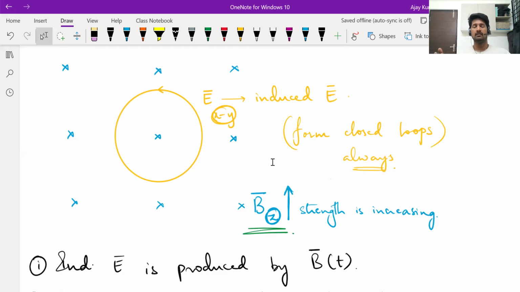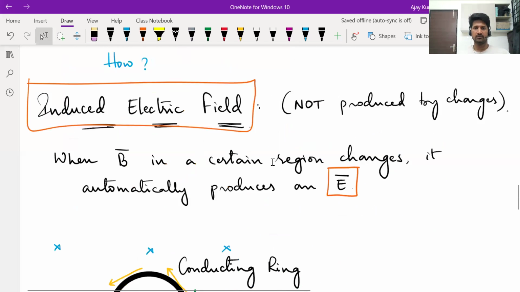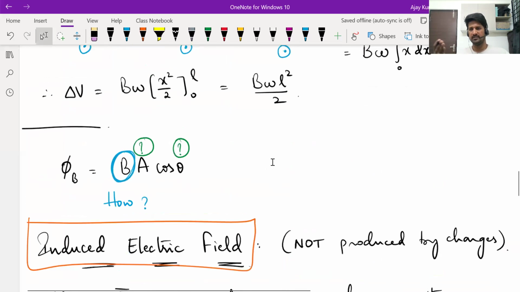This is another reason why EMF gets induced in loops when magnetic flux changes. There are many ways to change flux, right? You can change field strength, you can change area, you can change orientation, you can do one or more of these. So when you change the area or the orientation, what gives rise to EMF is motional EMF. The motion of a conductor in the magnetic field causes charge separation, so you will get motional EMF. But without moving the conductor, without moving the loop, if you simply change the magnetic field, you will get EMF.